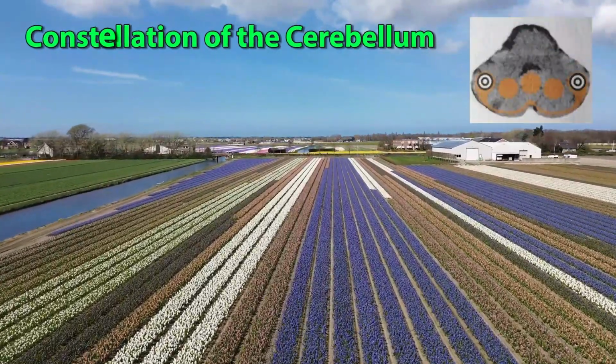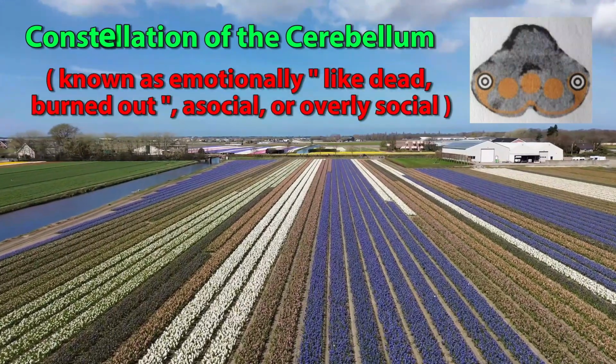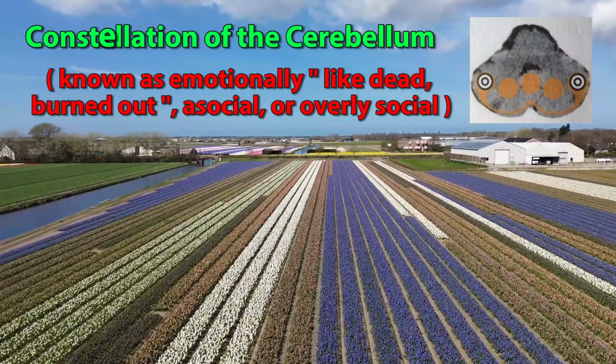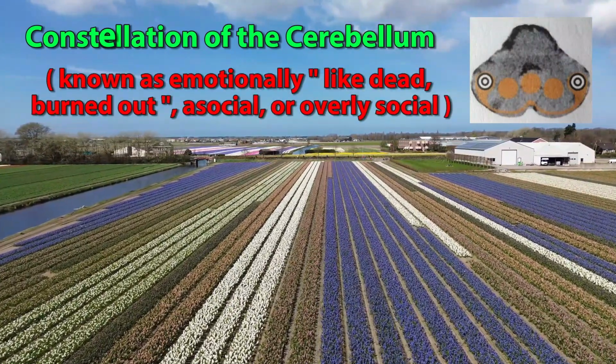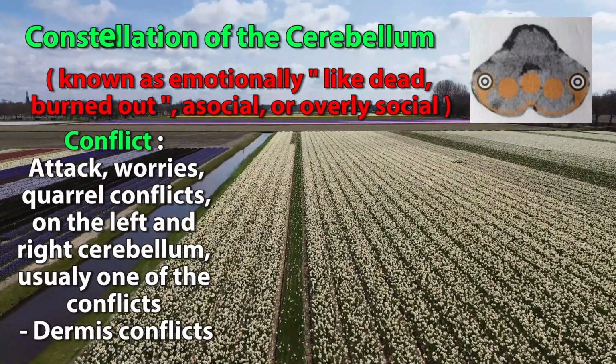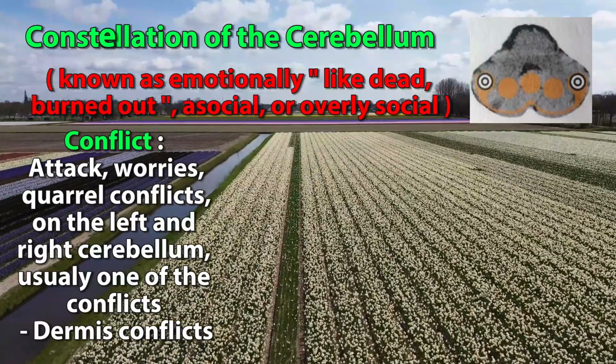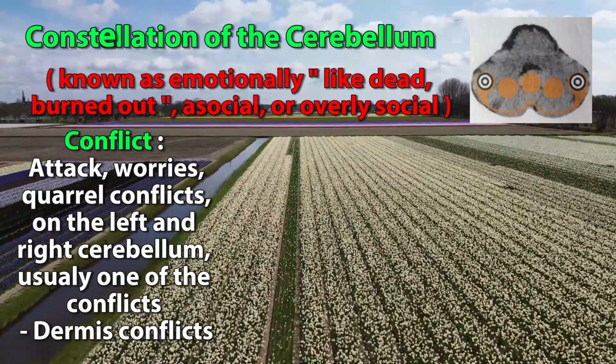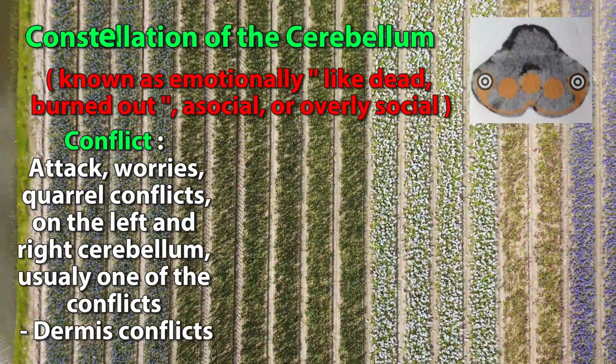Constellation of the cerebellum. Known as emotionally dead, burned out, asocial, or overly social. Conflict: attack, worries, quarrel conflicts on the left and right cerebellum, usually one of the conflicts, a dermis conflict.